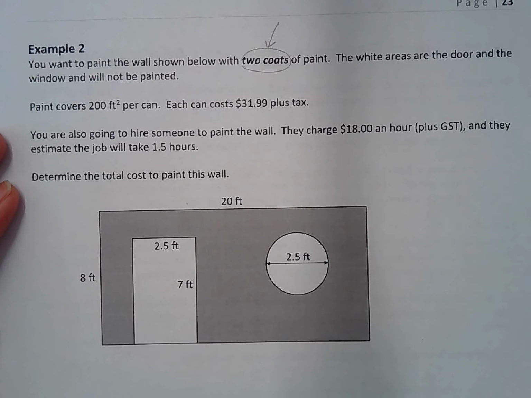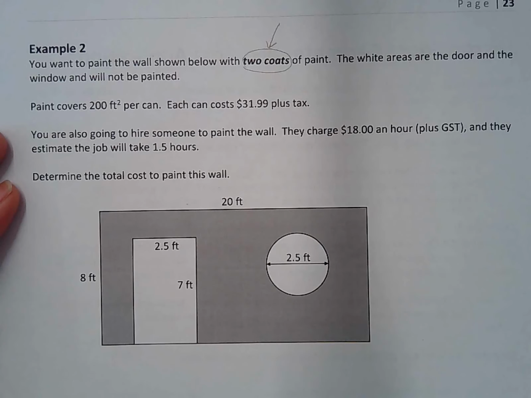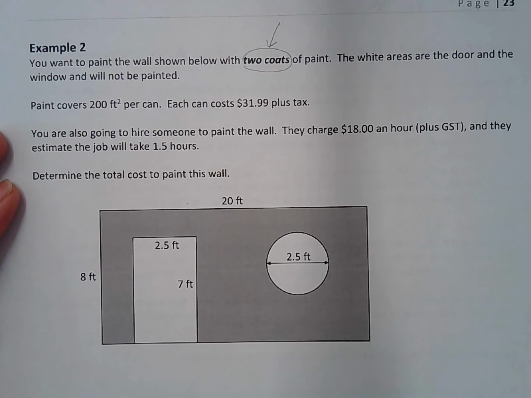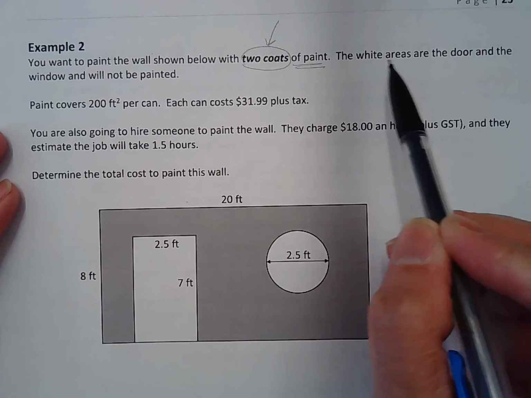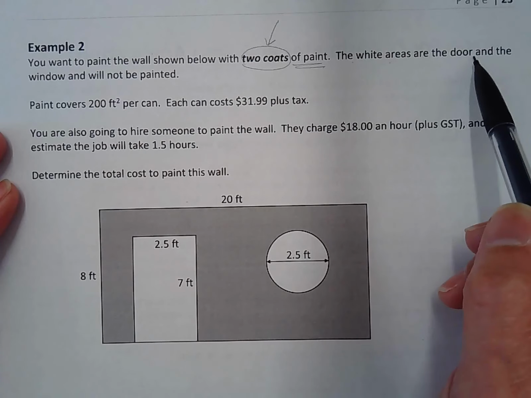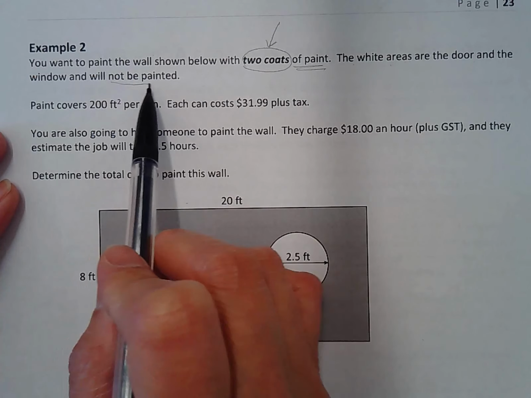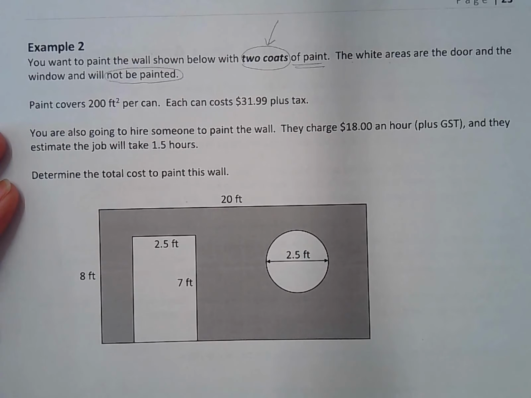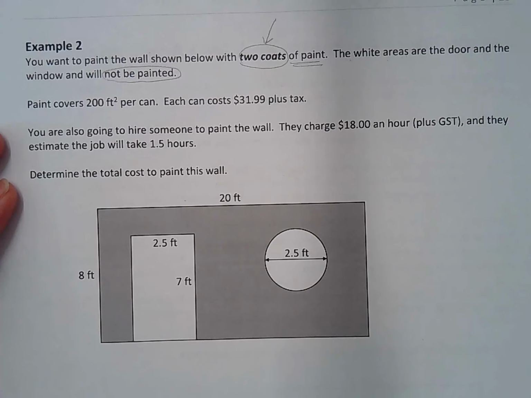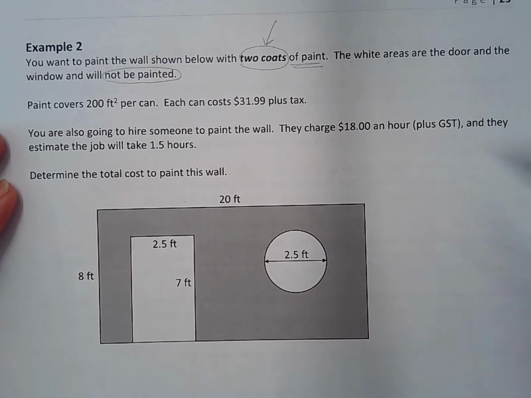One coat might be good, but usually people put in double coats. The white areas are the door and the window, and we're not going to paint those things. Normally we paint the wall, not the door, and definitely not the window because you won't be able to see.